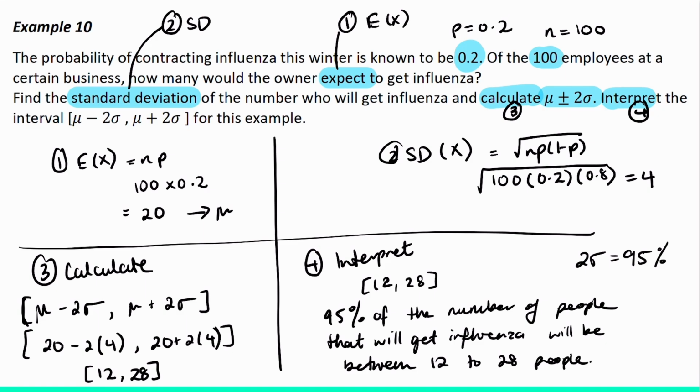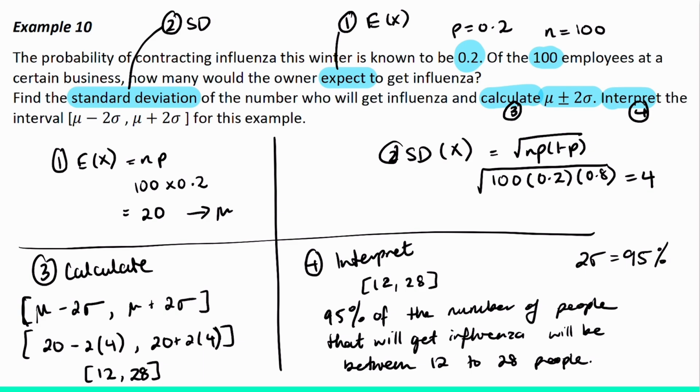Okay, so I am expecting 95% that it's going to be between 12 and 28. It could be 30, but that's outside of my 95% expectation. That's what that means. So I'm 95% sure that it's going to be between 12 to 28 people that are going to contract influenza.